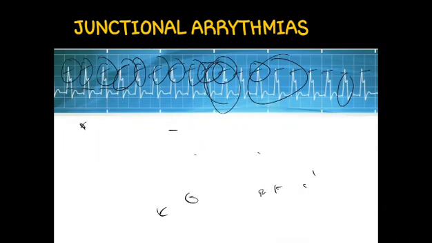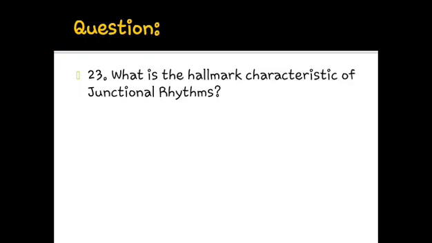Okay, so let's proceed. There's only one question for the junctional rhythm. Hope that we are able to discuss this. So what is the hallmark characteristic of a junctional rhythm? Yes, I keep on mentioning this to you, so I think you can answer this one about the P wave.